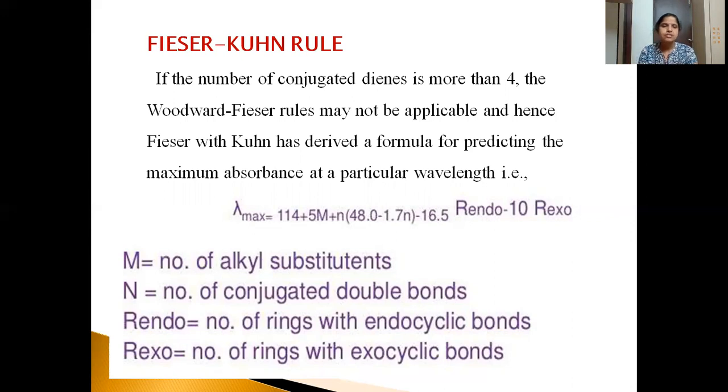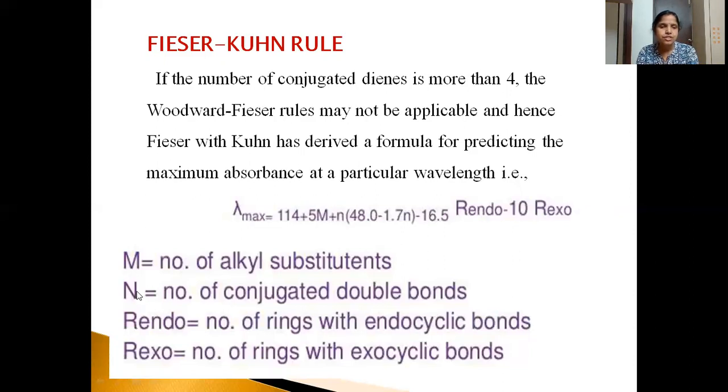Now what are M, n and R endo, R exo? In the formula, M is the number of alkyl substituents. We have to count the number of alkyl substituents present in the compound and substitute that value here.